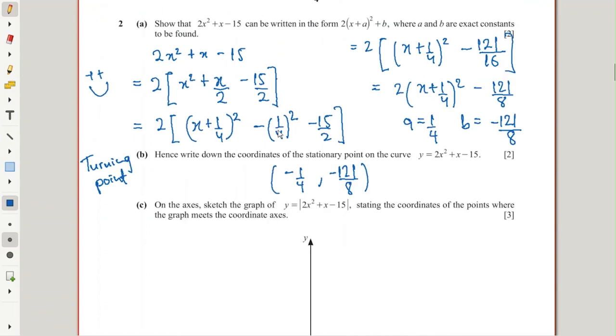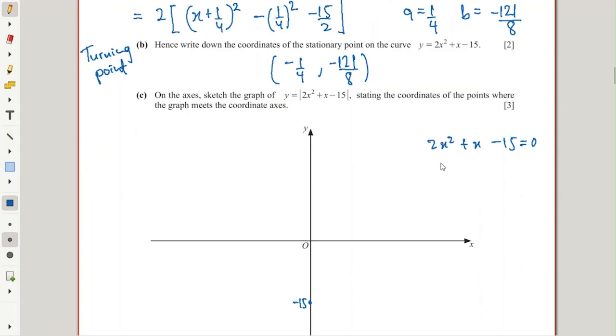Now the x intercept, you just solve the quadratic quickly. 2x squared plus x minus 15 is equal to 0. 2x times x will give you 2x squared. Then 5 times 3.